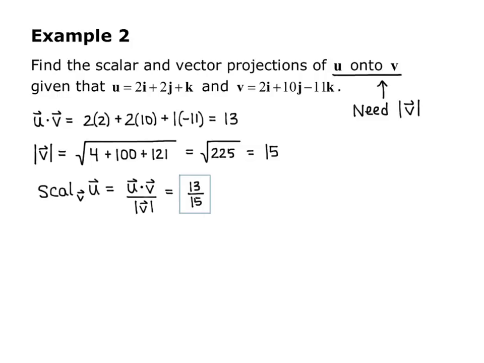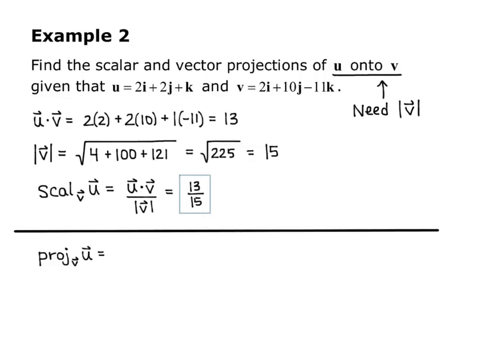Now we have to take that and apply it to the projection of u onto v. The projection of u onto v is equal to u dot v divided by the magnitude of v squared times vector v. So 13 over 225, since I squared the magnitude of v, times vector v.